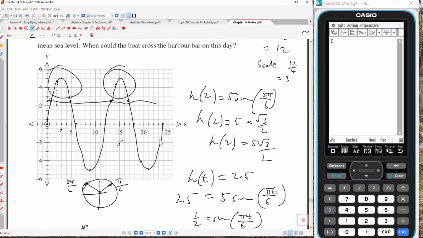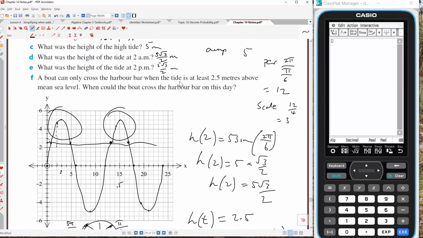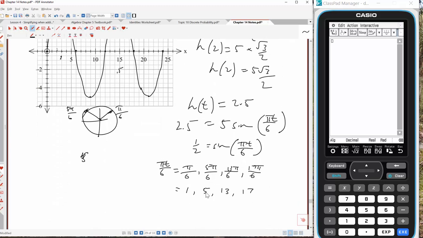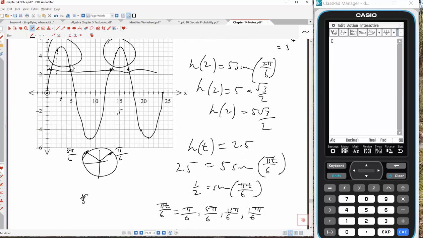So what does that mean in context? This is when the height will be 2.5, so at times 1 and 5. So let's get that in terms of answering the question. The boat can cross between 1 a.m. and 5 a.m., because between those two times we are above 2.5 meters.